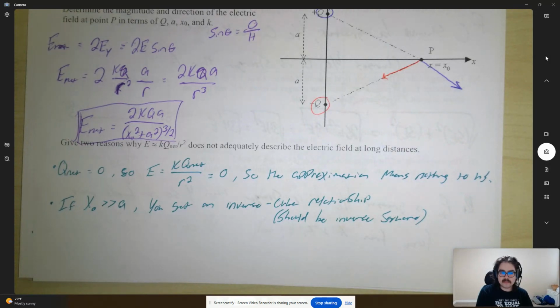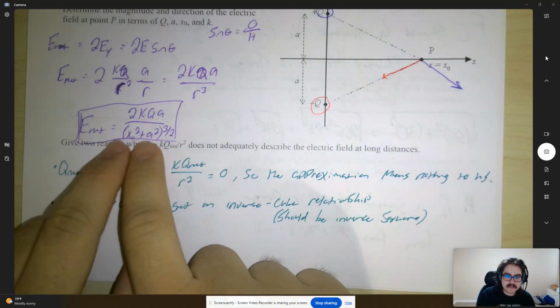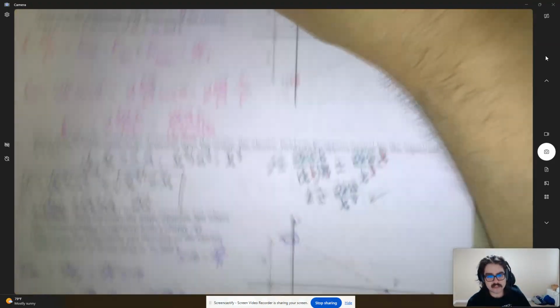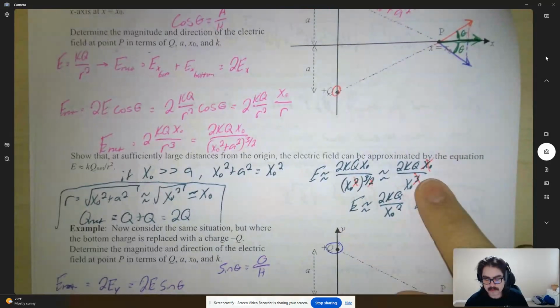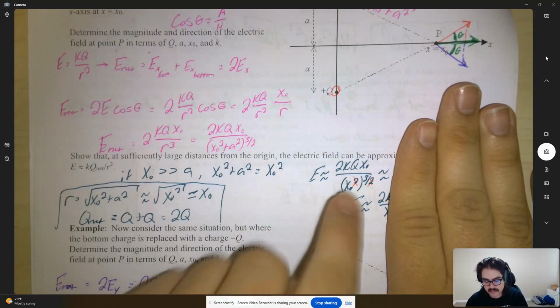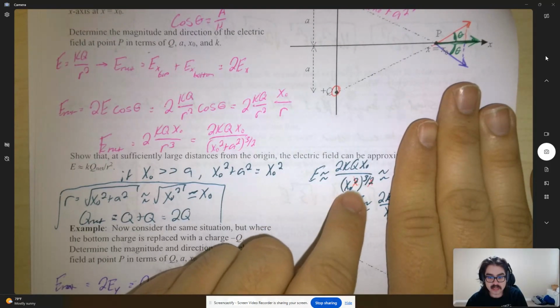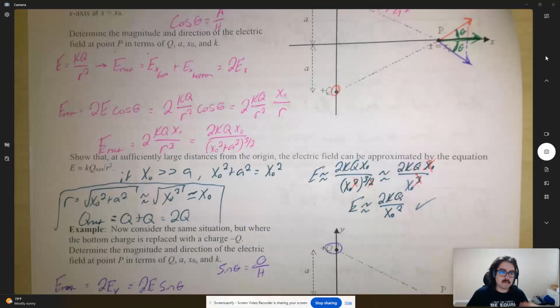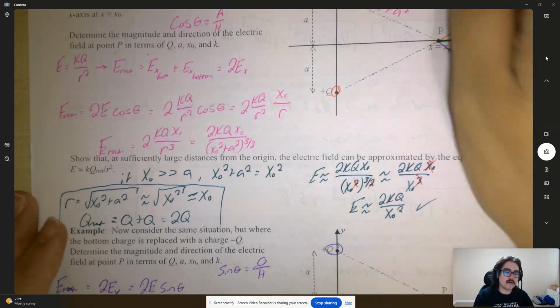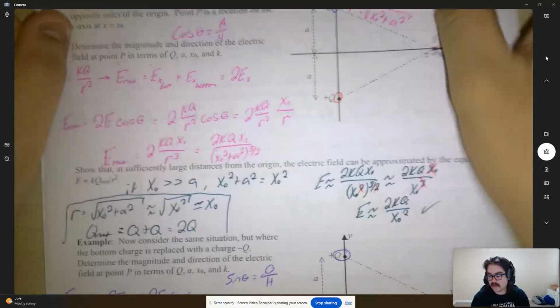And you can solve that out. I'm not going to, but I can kind of walk you through it a little bit. It would be the exact same derivation as above, except we would not be able to do this last step right here. So you would have this result right here, and it would end up being x naught cubed. That's an inverse cube relationship, and there should actually be an inverse square relationship between electric field and distance. Okay, that is that part right there.